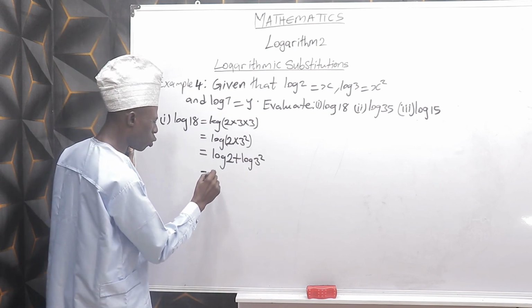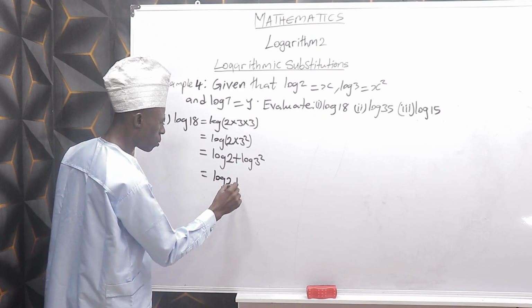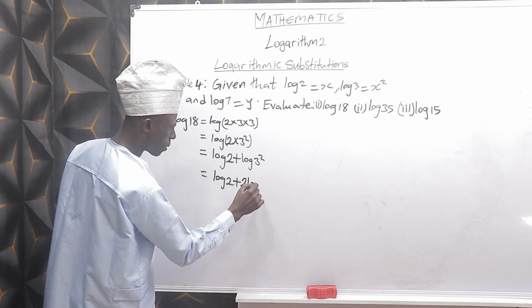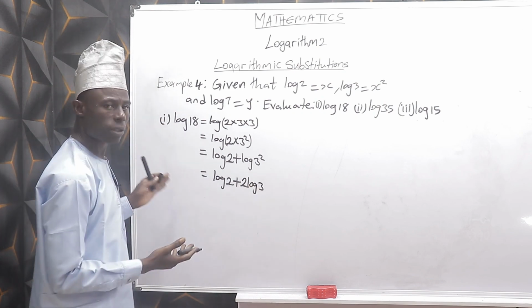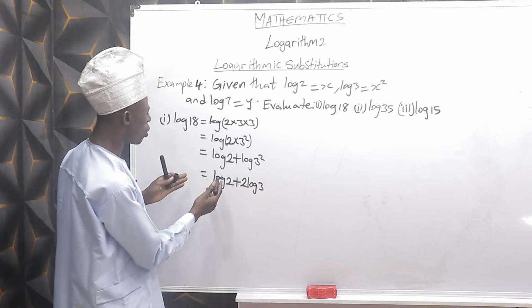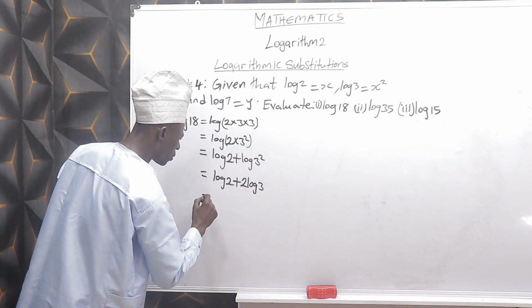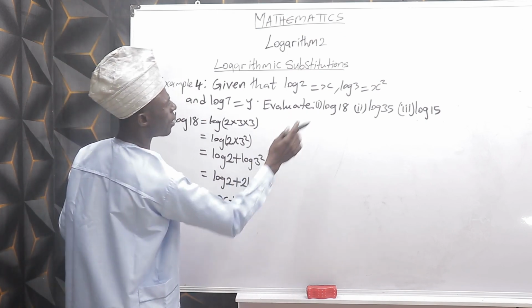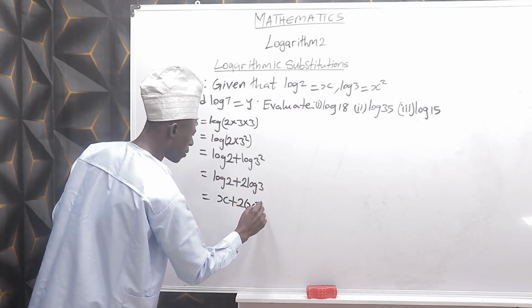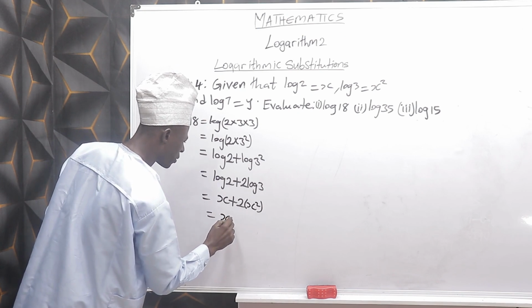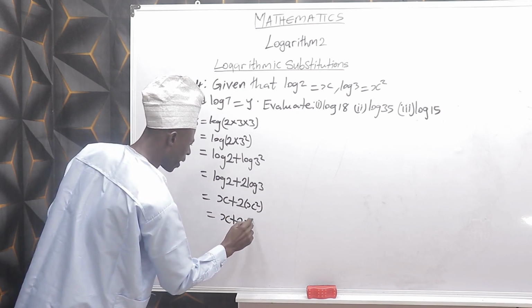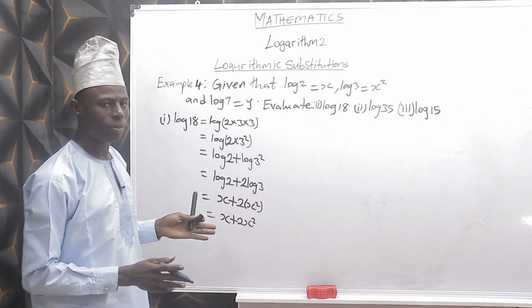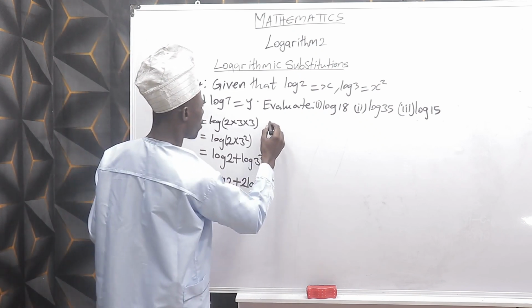This is log 2 plus, apply the power law here, 2 log 3. Now, time to substitute. What is your log 2? x. 2 into, what's your log 3? x squared. So x plus 2x squared is your answer. Can you see it is interesting? Good. Let's go to Roman figure 2.